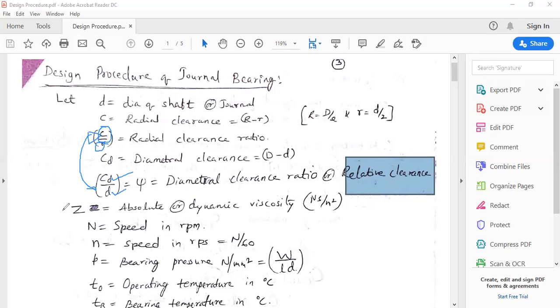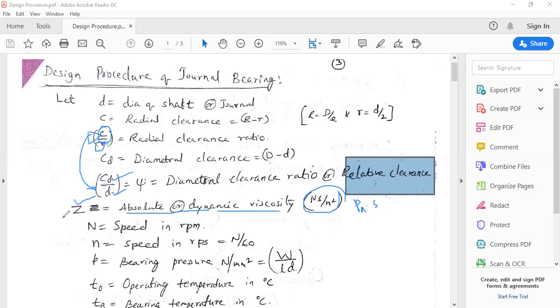And the next notation is capital Z, which indicates the dynamic viscosity or absolute viscosity, whose unit is Newton second per meter square, or we can also use another notation: Newton per meter square is Pascal, so Pascal second.